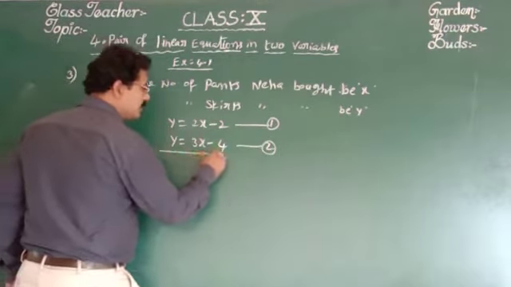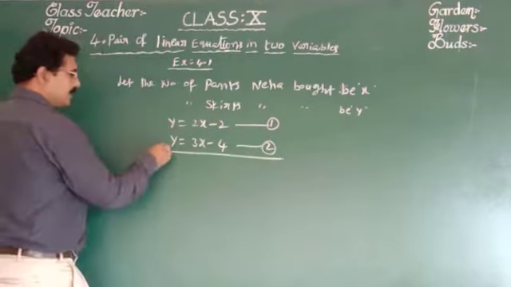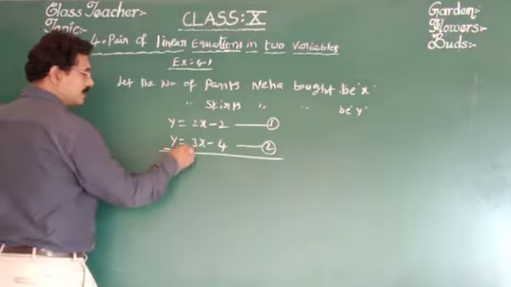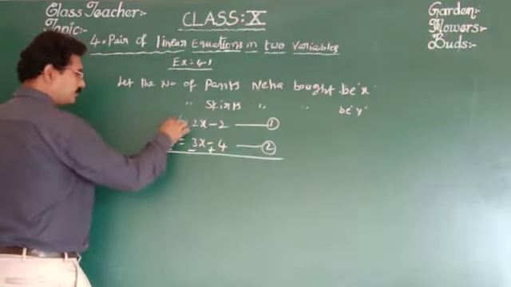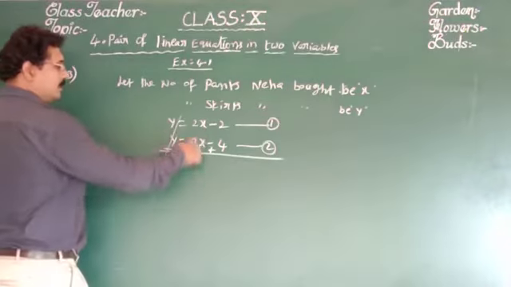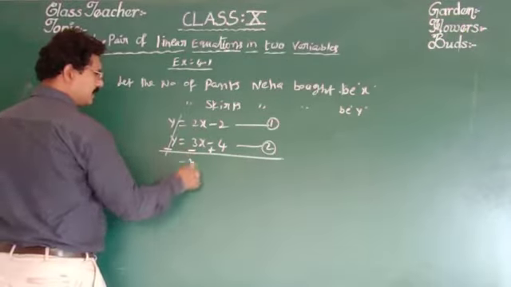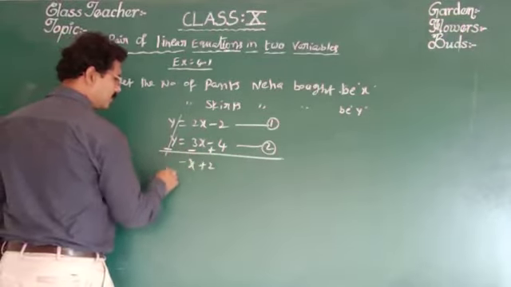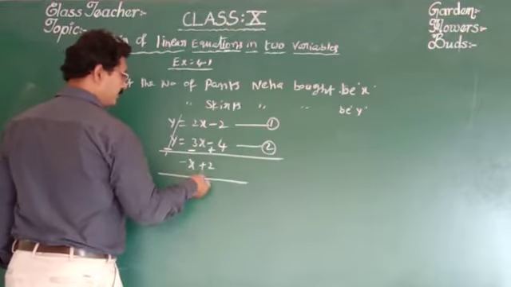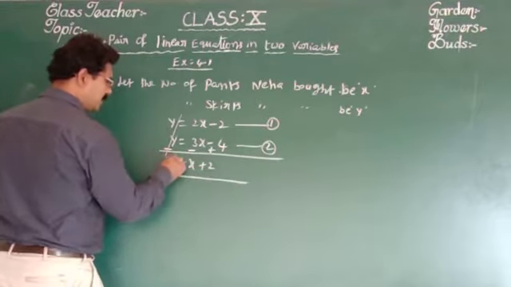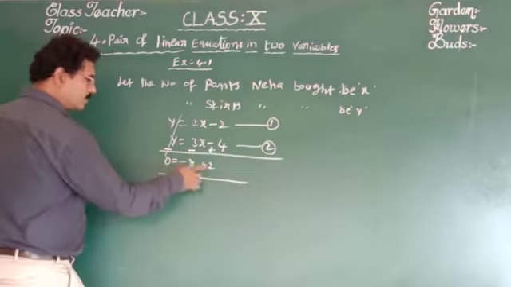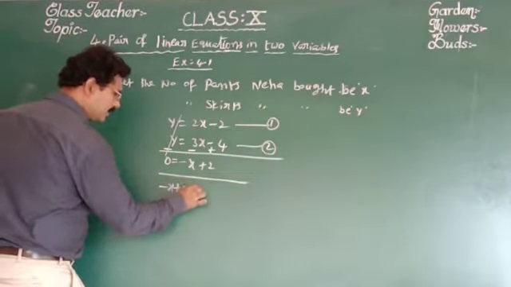Directly you solve these equations by the elimination method. So subtract: y gets cancelled. 2x minus 3x is minus x, minus 2 plus 4 is plus 2, so minus x plus 2, that means 0 is equal to y minus y, that is 0. So minus x plus 2 is equal to 0.